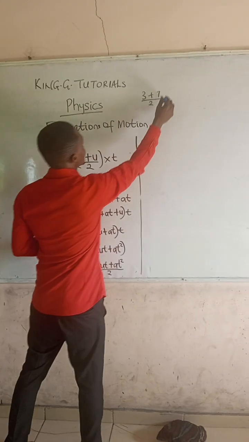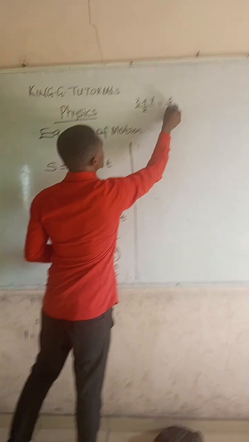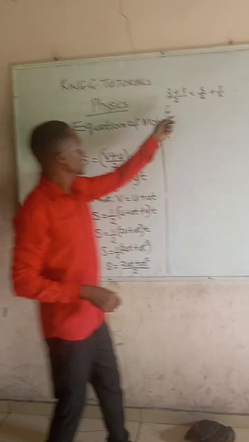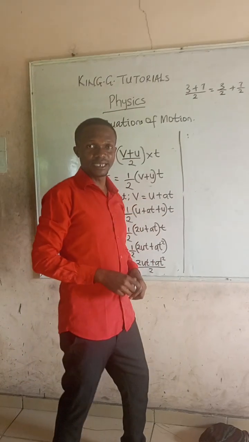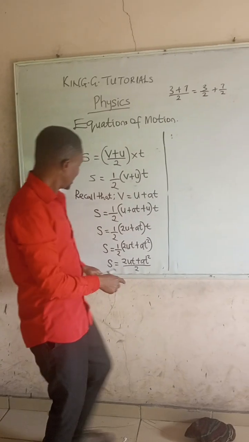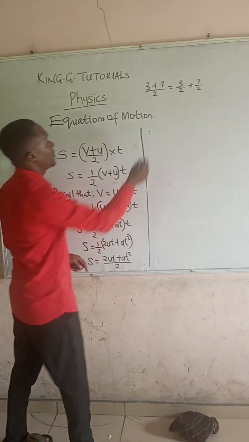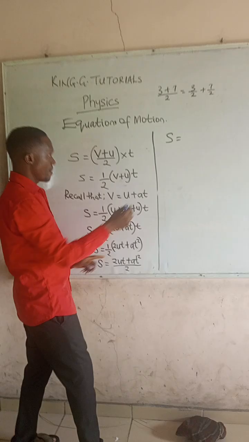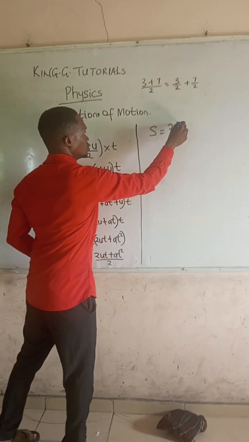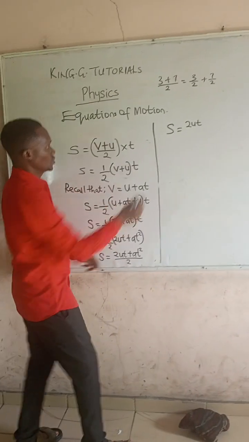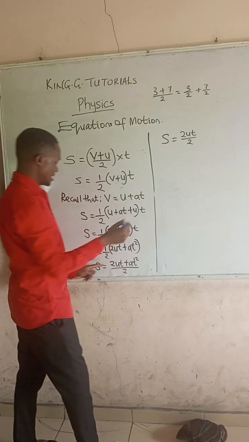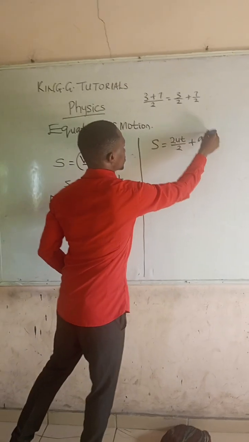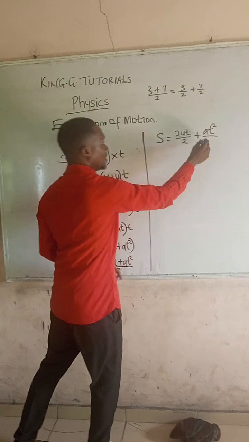This can be written as 3 over 2 plus 7 over 2, so you see they have the same denominator, 2. So I can write my distance S to be equal to 2UT all over 2, plus AT squared all over 2.